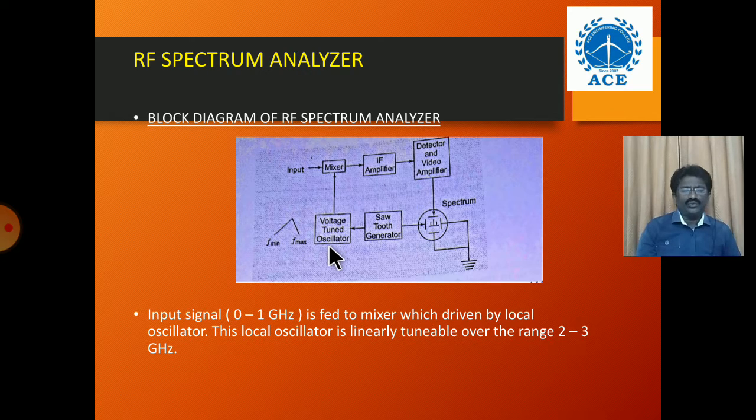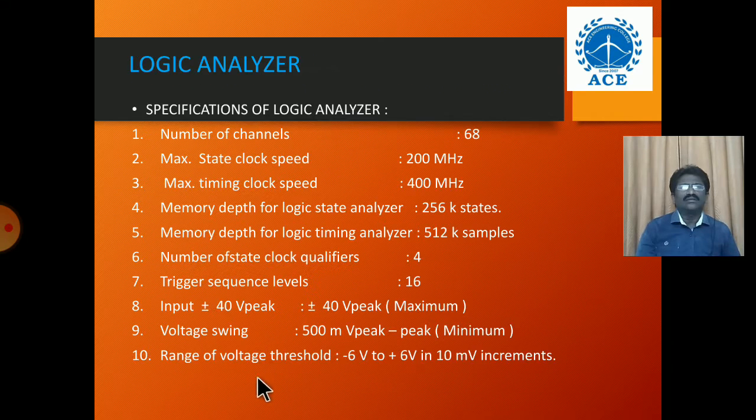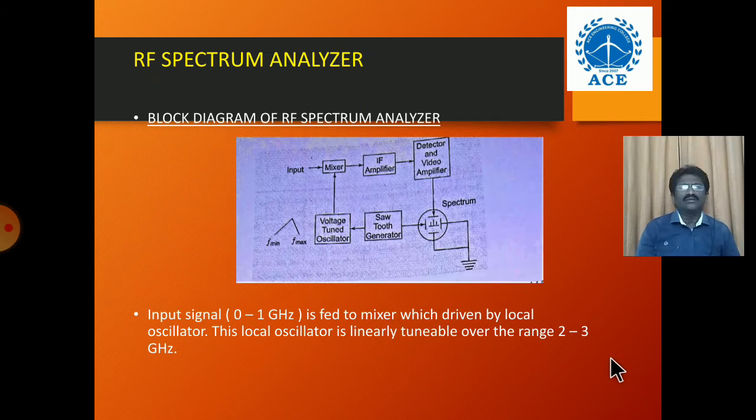If the amplifier is tuned narrow band, at a frequency around 2 gigahertz, because the local oscillator is tuned over the range 2 to 3 gigahertz, the detector detects the output of the IF amplifier.